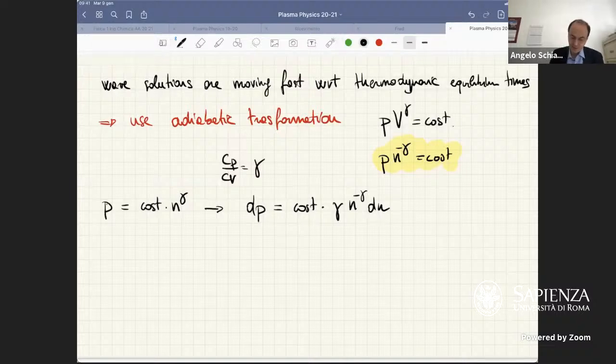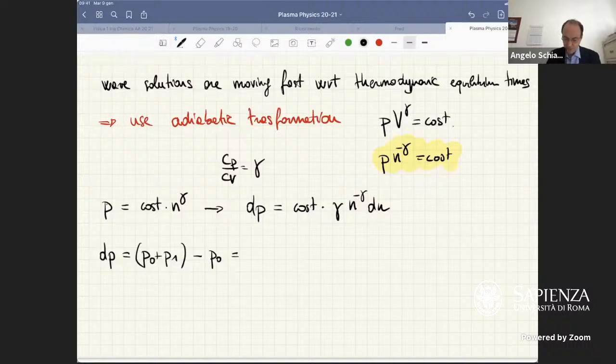density. And what is dP? dP is just the difference between a final state, which we can describe as P0 plus P1, the equilibrium state plus the perturbation, minus the equilibrium state. So this is the difference with respect to the equilibrium state.